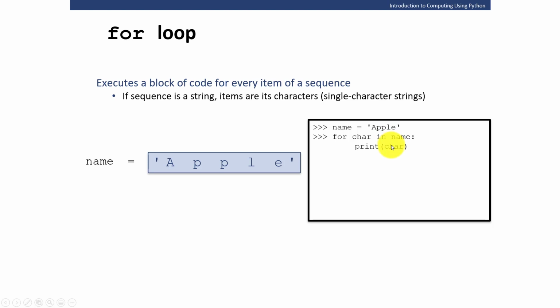Okay, so what will happen now? It will print A, then P, P, L, E. And after that, there is no more char, so the program will stop at E. Okay, now we can iterate over a sequence as long as we have a sequence.